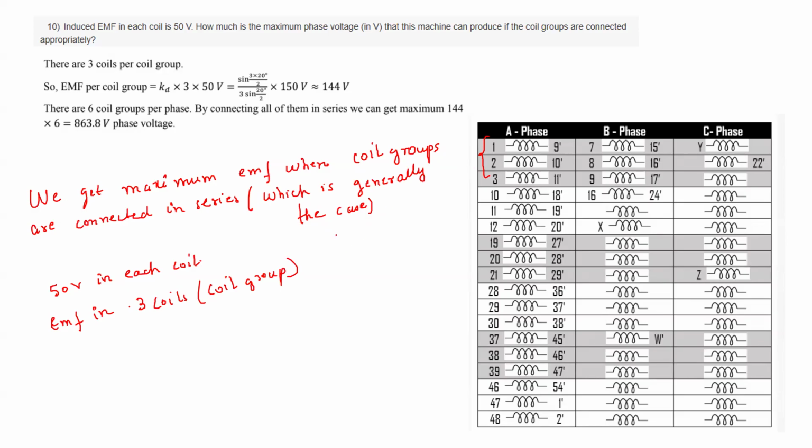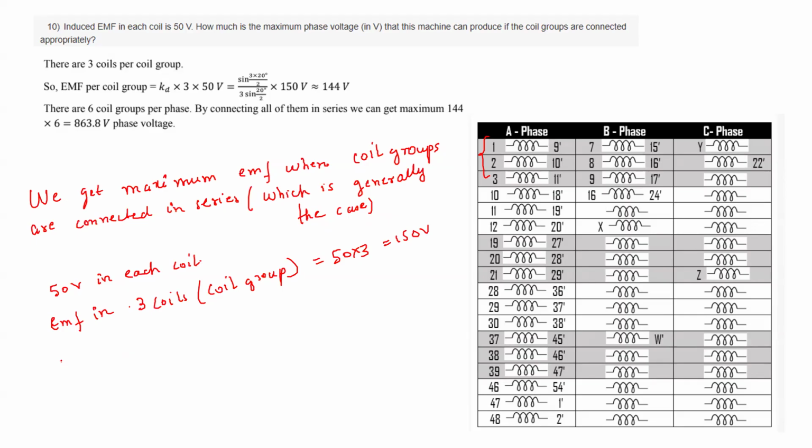So the EMF in three coils of a coil group will be 50 into 3, 150 volt. But remember there will be a distribution factor.